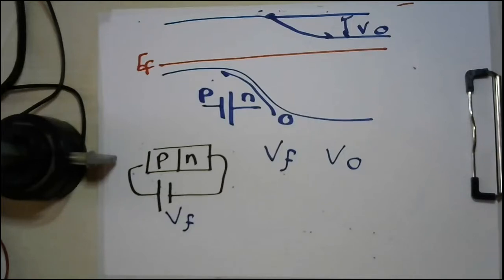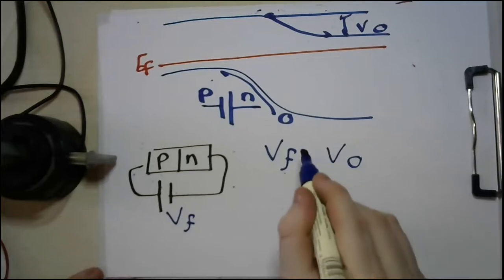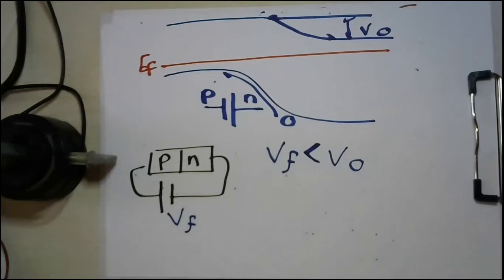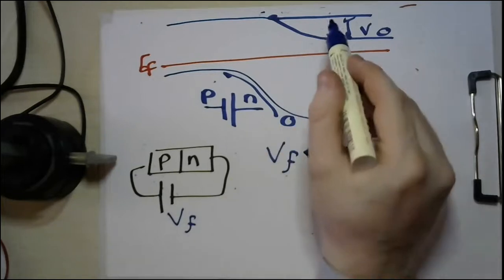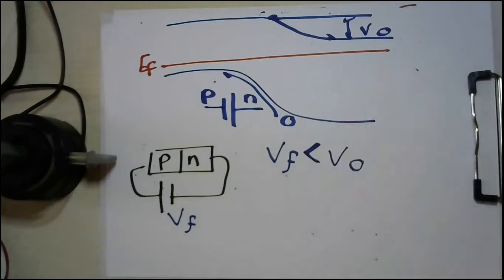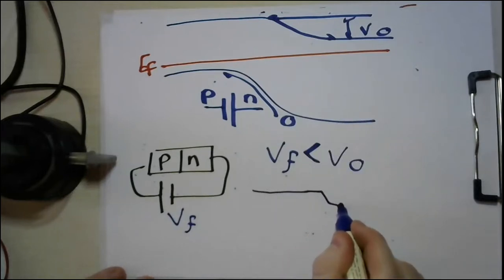So if VF is still smaller than V node, what happens is that the total voltage here will become V node minus VF. So you will have something like this.